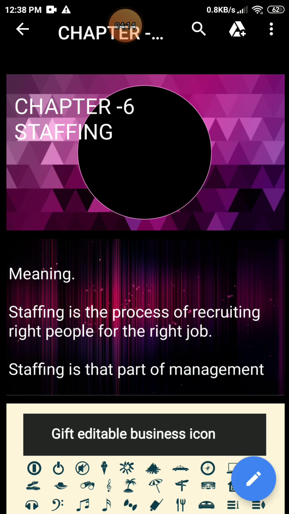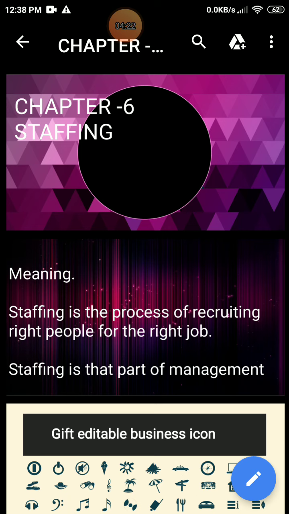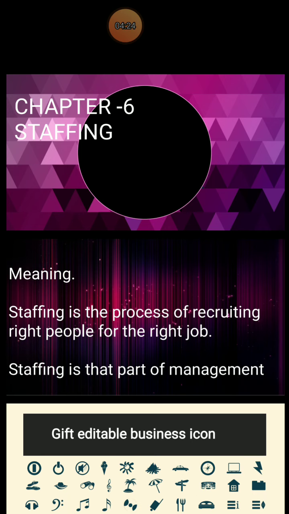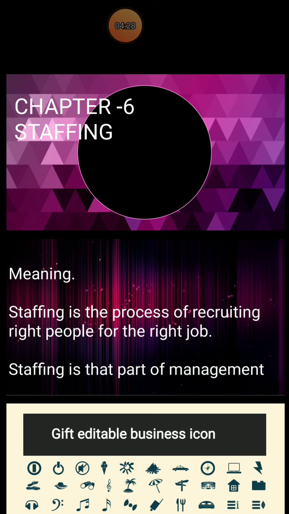When you are choosing the right person for the right job, you see whether the candidate is really hardworking, honest and dedicated enough to do a particular job. So a variety of tests are conducted, and he has to undergo all these tests, and finally he will be selected in the recruitment process.